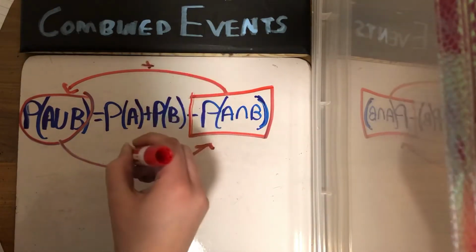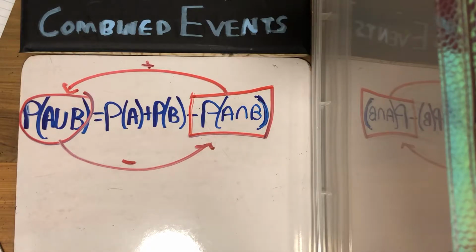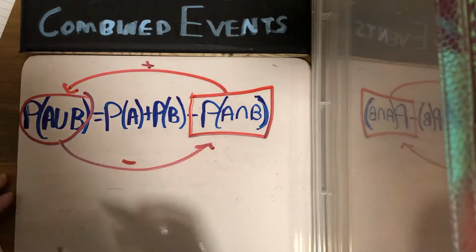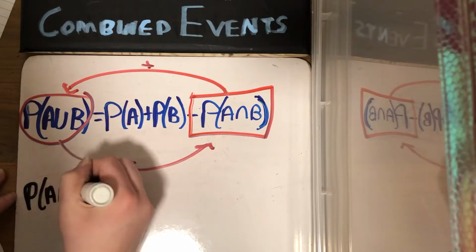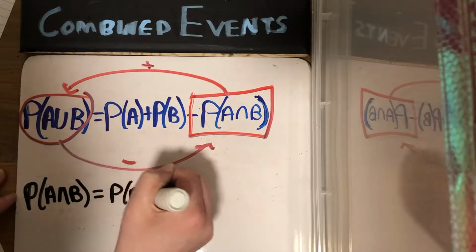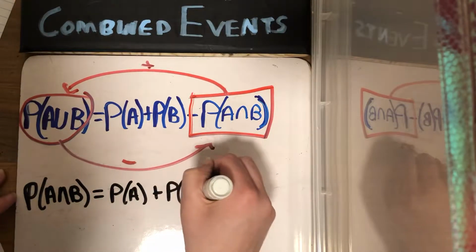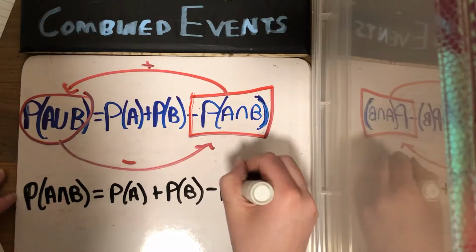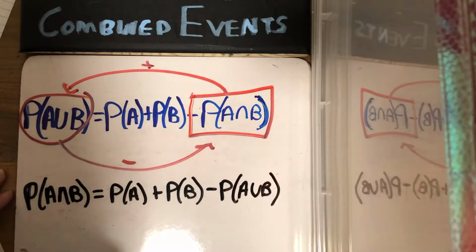So this one we're adding, this one we're subtracting, which will then give us the equation of right here.